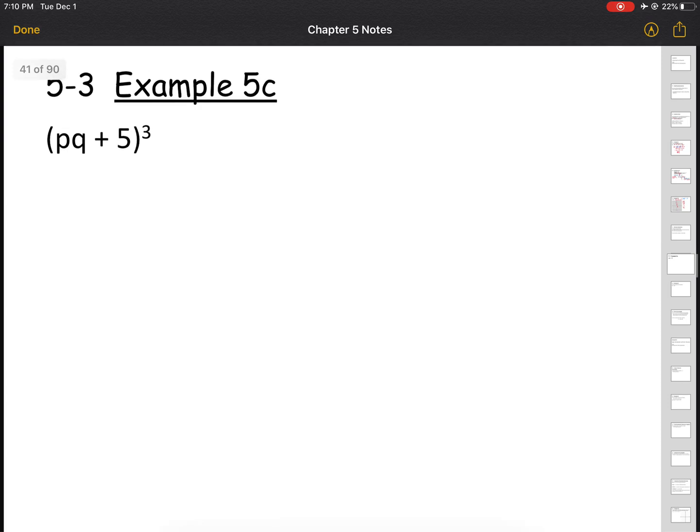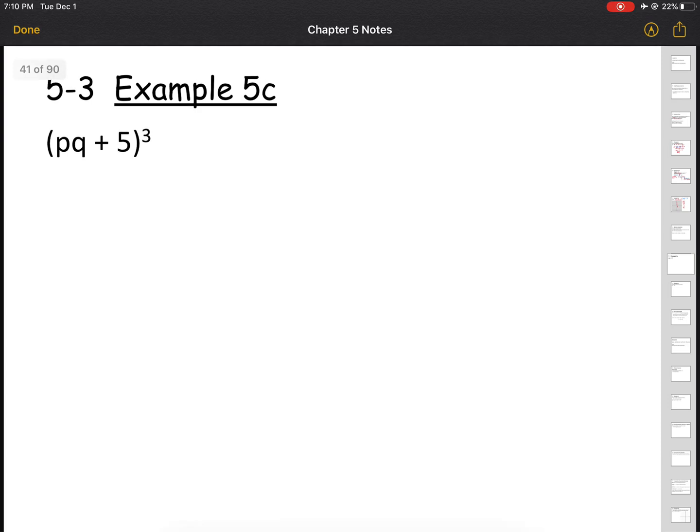And lastly here, we have a cube of a binomial, the plus side of it, and according to that rule, we take our first term and cube it, subtract 3 times our first term squared times our second term, plus 3 times our first term and our second term squared, and minus our second term to the third power, or cubed.